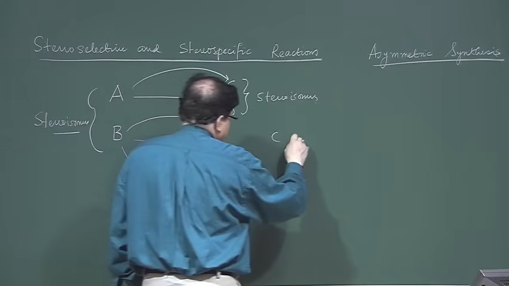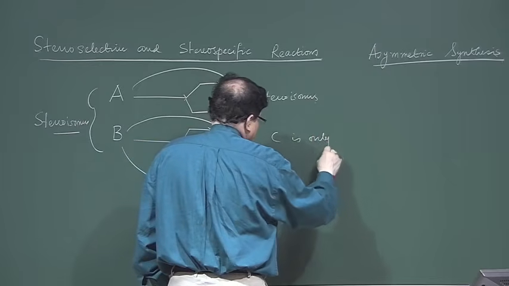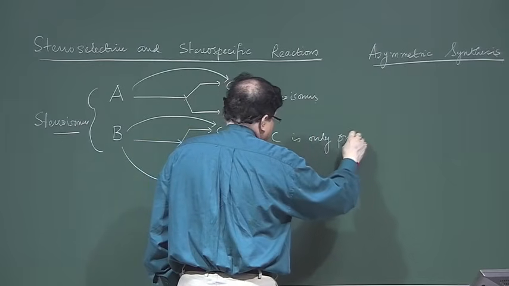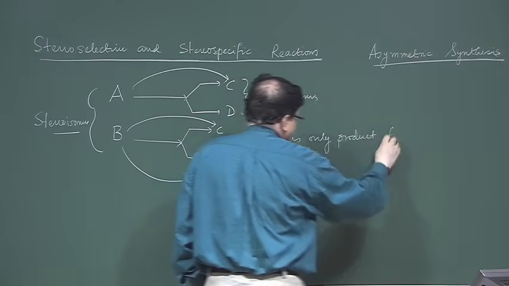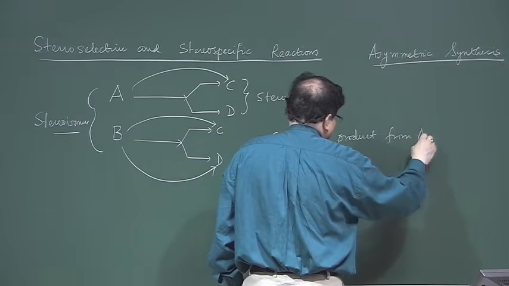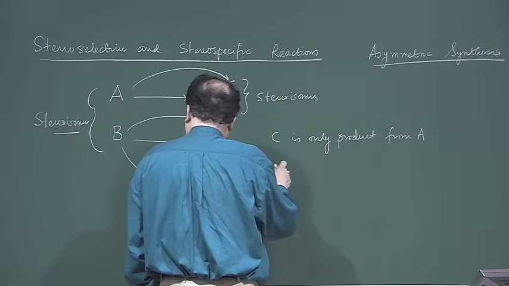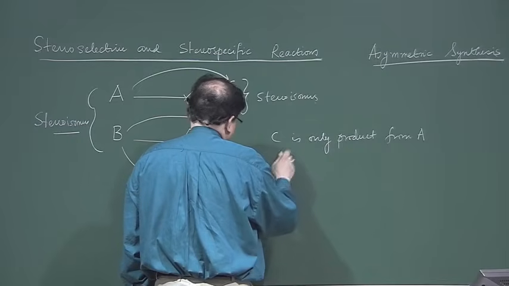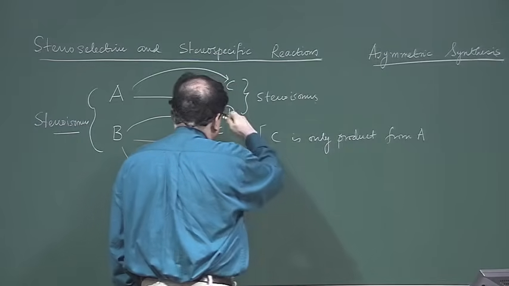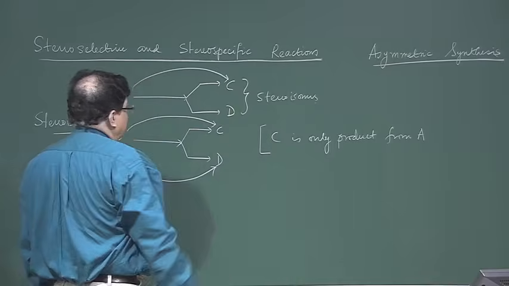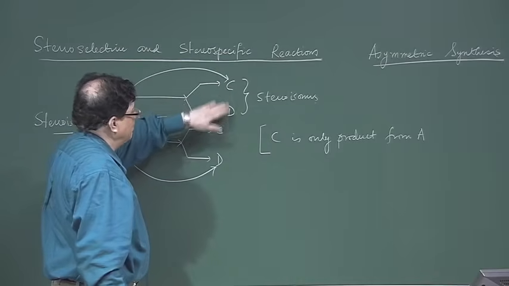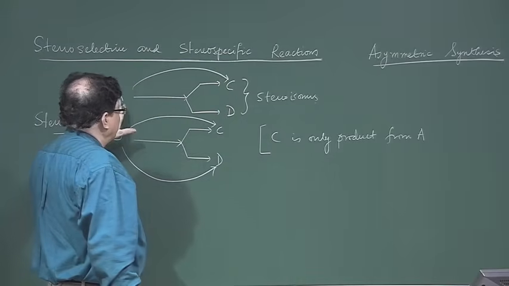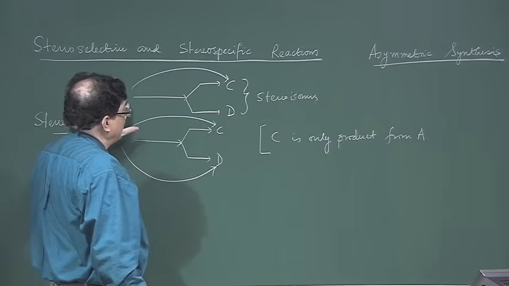Suppose C is the only product from A, that means out of the two diastereoisomers, the stereoisomers, only one of them is formed when the reaction was carried out on E.